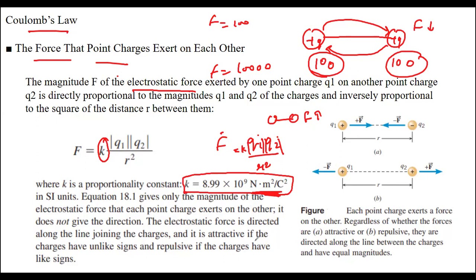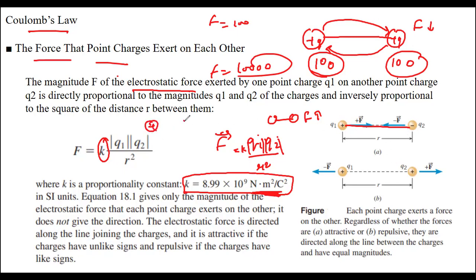So electrical force is directed along the line joining the charges. Because force is a vector quantity, we are not just interested in the number, let's say 100,000 or something like that. We are also interested in knowing the direction. So where will the force be directed? Along the line joining the charges. It is attractive if the charges are unlike.